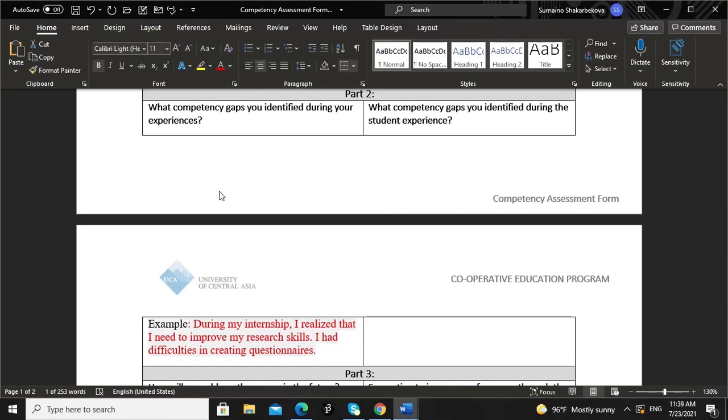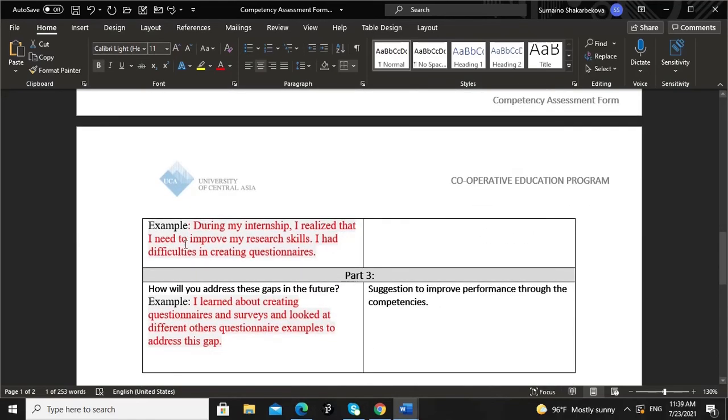For example, in this case, I have written about the competency gaps which I observed during my internship. I realized that I need to improve my research skills. I had difficulties in creating questionnaires.